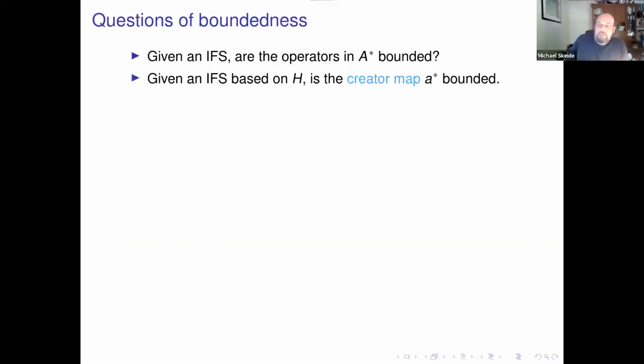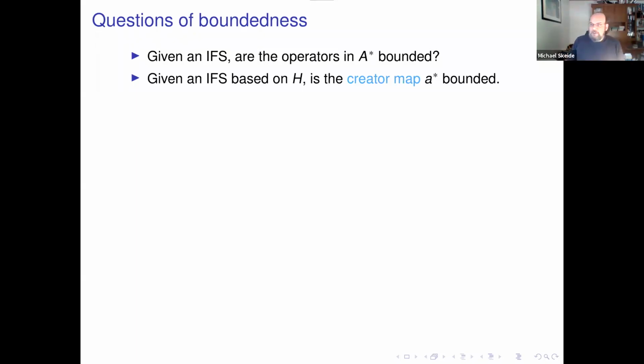Now, we started with bounded sets of creators. So we can ask whether the creators are bounded, and we can ask whether the creator map, the whole thing, is bounded when we have a basing. Of course, either they are bounded or they are not. So the question is rather on the parameters we have. We have the kappa, we have the lambda, or the L in the POI case.